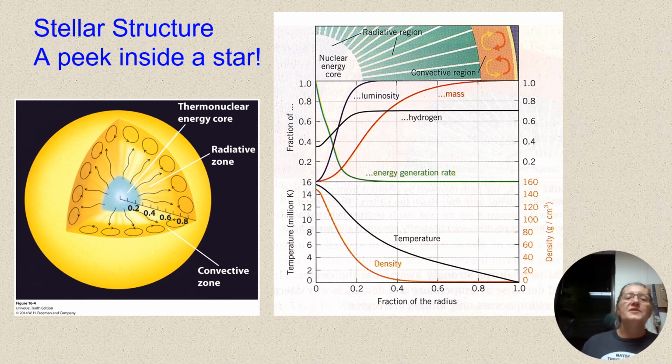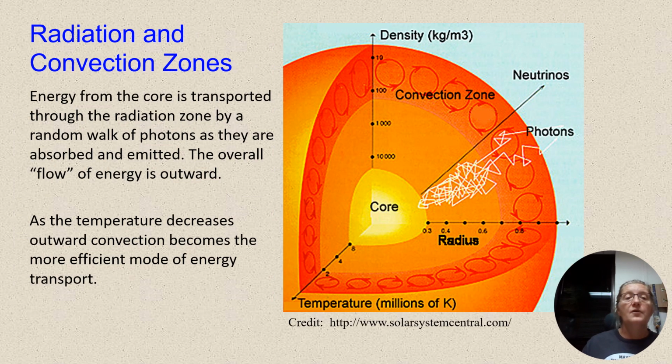The outer 20% of the sun is convective, allowing for energy to reach the photosphere, the surface of the sun. Photons move through the sun and are absorbed, re-emitted, and absorbed over time, and finally reach the edge of the sun and are released.